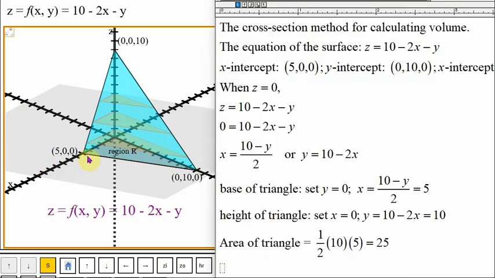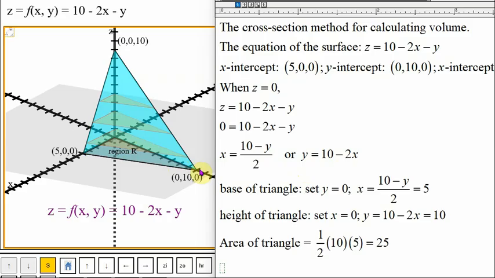Now let's find the area of the triangle at the base. This is on the xy plane, when z is equal to 0. We let z be 0 and solve for x, and we get x to be 10 minus y over 2. Solving for y, we get y to be 10 minus 2x. This is the base of the triangle, and this is the height.